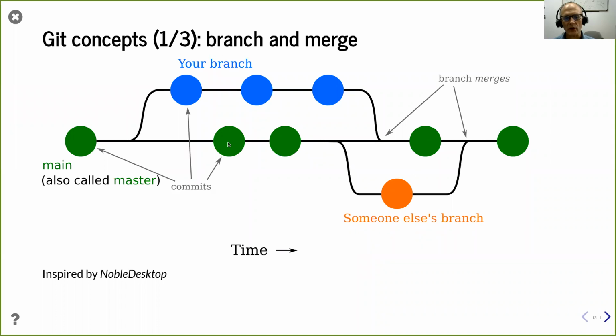Each one of these circles here represents something called a commit. So you should think about a commit as a snapshot of the state of your code. And I'll talk a lot more about how you decide what goes into one of these snapshots. But roughly speaking, you expect these snapshots to occur at moments where the code is in more complete, or let's say just better shape. For example, if I were editing a file, I wouldn't tend to have an open parenthesis and then make a commit if I hadn't closed the parenthesis as well, right?